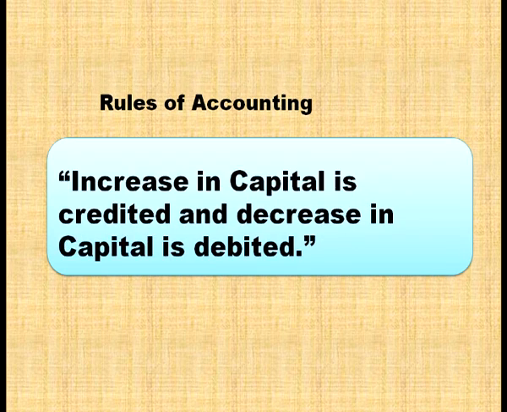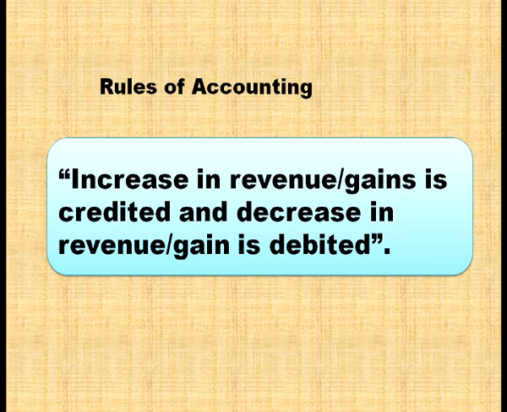Increase in capital is credited. Decrease in capital is debited. Increase in revenue is credited. Decrease in revenue is debited. Either revenue or gains, when it is increased, it is credited. Either gain or revenue, when it is decreased, it is debited.